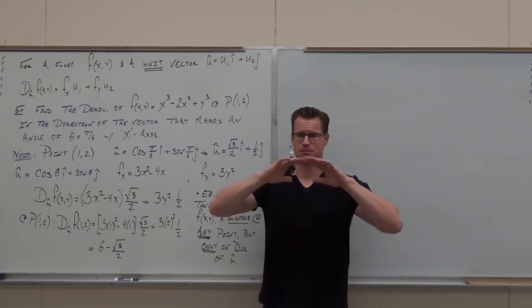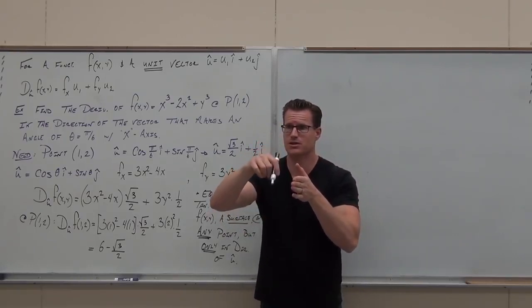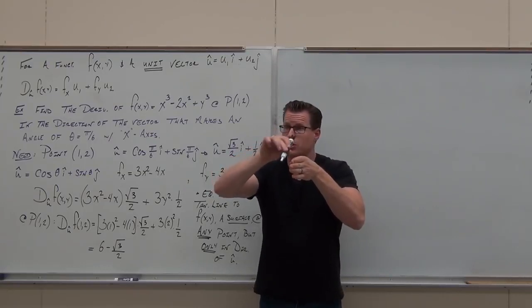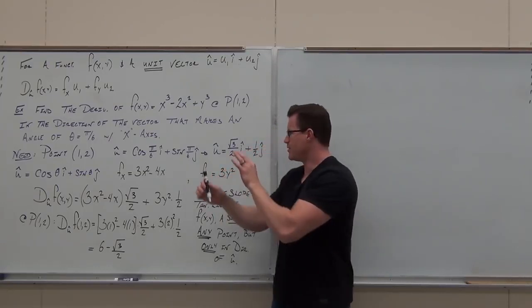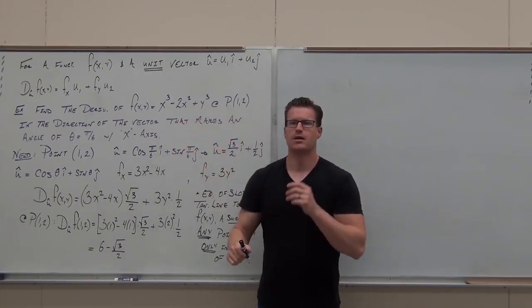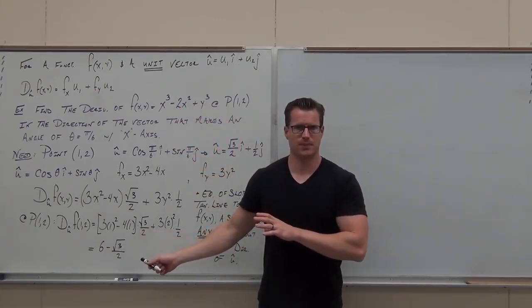Basically, cut the surface, find a curve, find the tangent line. This is the slope of that tangent line at that point. Of course, on that curve you're going to have different slopes and different tangent lines. At that point, on that surface, in the direction of that vector, that's the slope we find for the tangent line. Does that make sense?